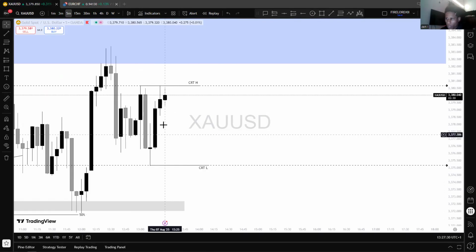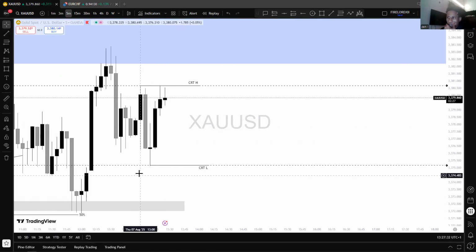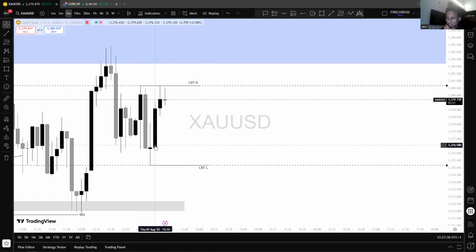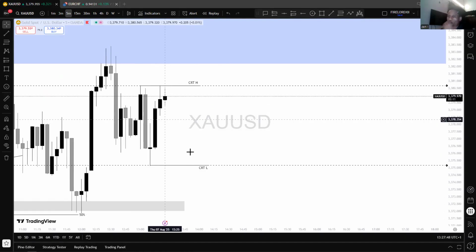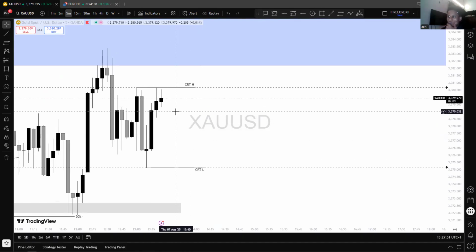So that's what we're still doing here. This is 1 o'clock, 1:05, 1:10, this is 1:15, this is 1:20, this is 1:25, and the 1:25 candle will close at 1:30. So I wait for price to break and close above either the high or the low.